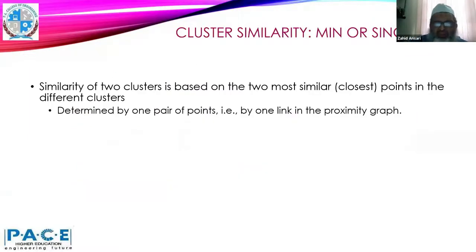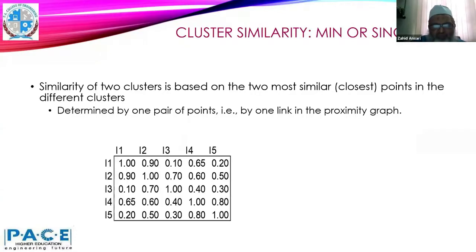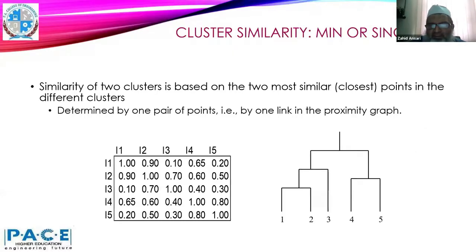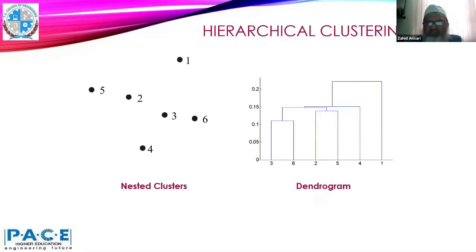Similarity of the two clusters is based on the most similar points in different clusters. Let's say we go for the single link; this is the demonstration of the single link. We have 6 points. Initially every point is a single cluster.